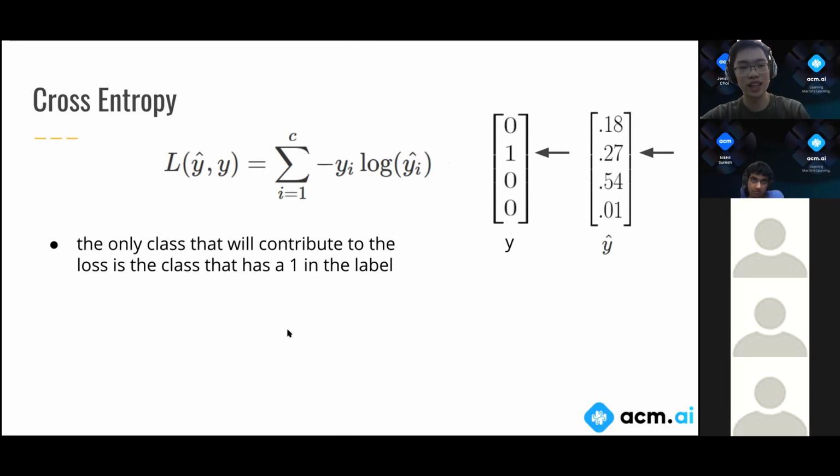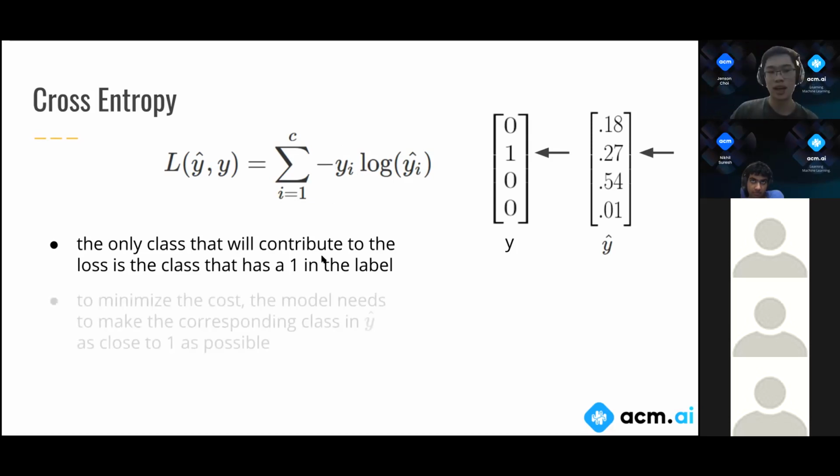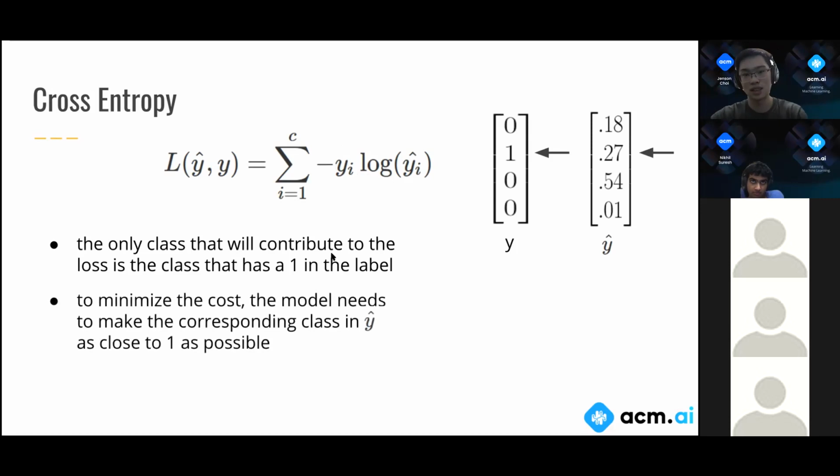So the only class that will contribute to the loss is the class that has a 1 in the label. The reason is that we're multiplying the log of y hat by y. So if y is 0, then this whole term is going to be 0. And if y is 1, then this term is going to be negative log y hat.